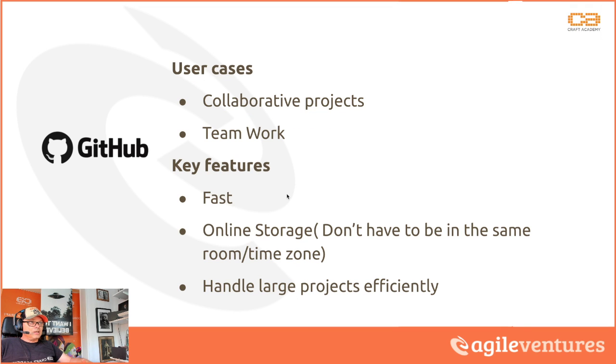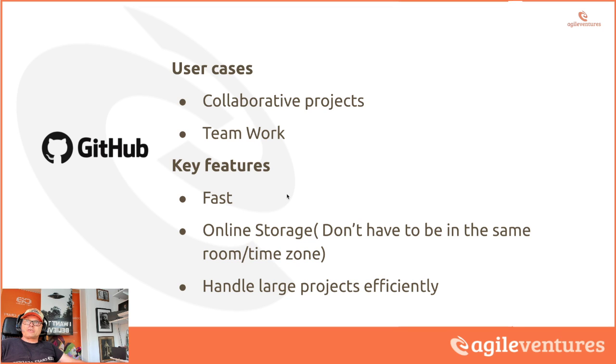GitHub leverages all the good stuff with Git. It allows us to work on projects in larger teams and teams that are spread around the world. It is also fast. It gives you the ability to store your work online, so you don't have to rely on not spilling cafe latte on your MacBook Pro, as I did a few minutes before I was about to go live in a presentation.